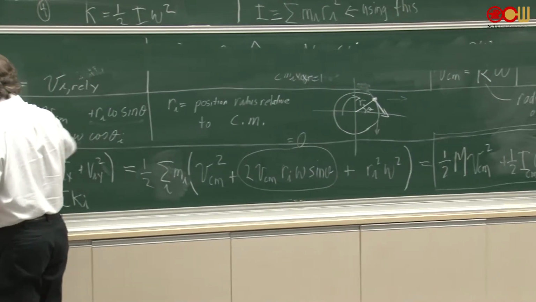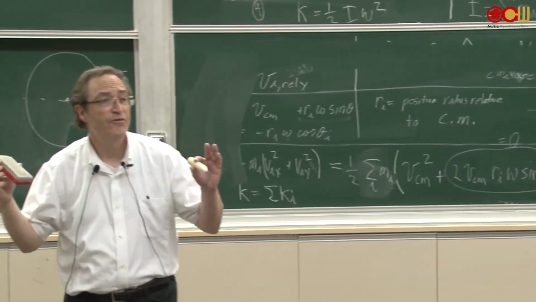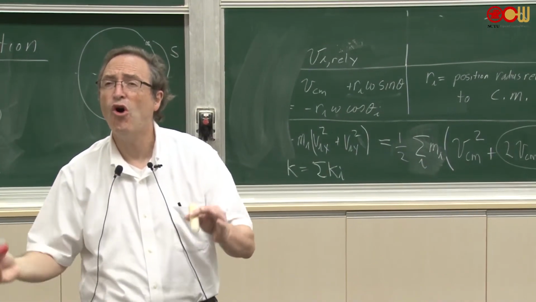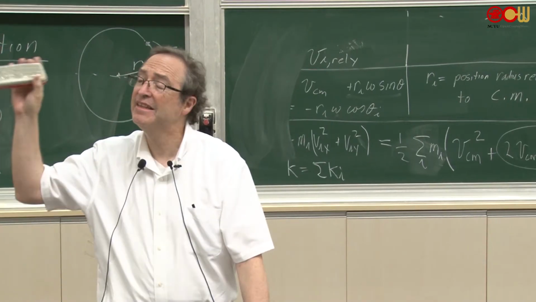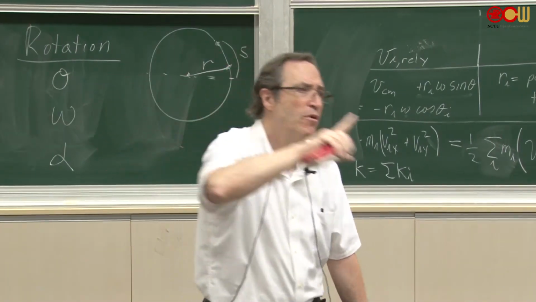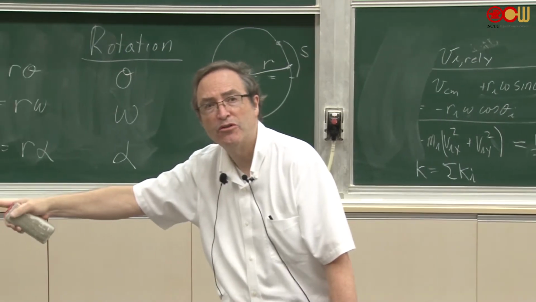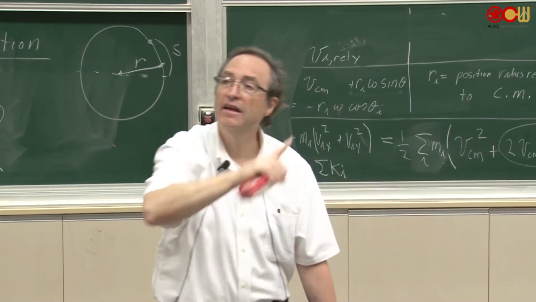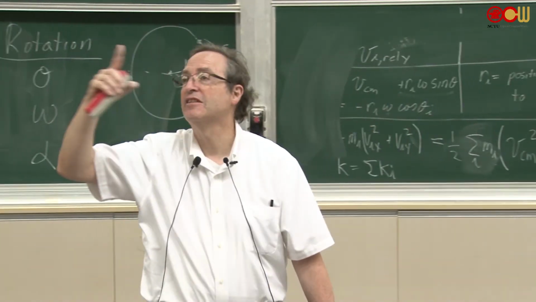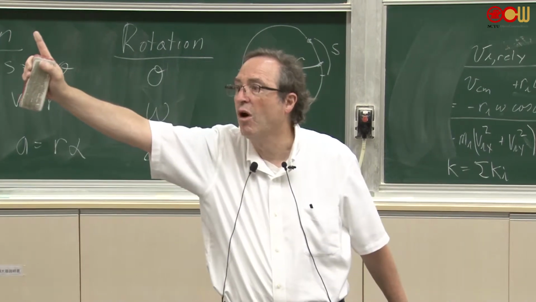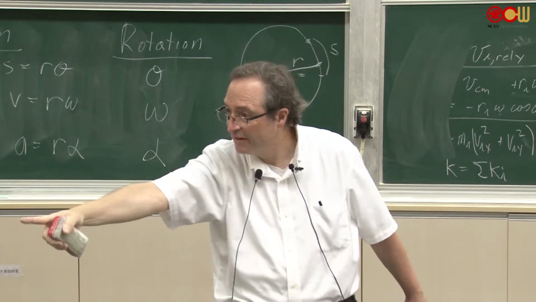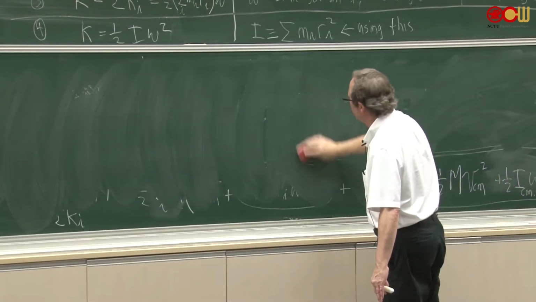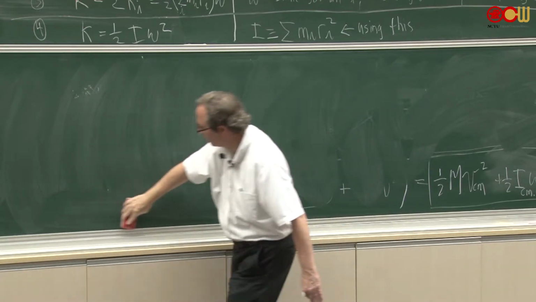What you've learned so far is, in terms of going from translation to rotation, all you got to do is replace the mass by the moment of inertia, the translational variables, r, v, and a, by theta, omega, and alpha. And the force gets replaced by the what? Torque.